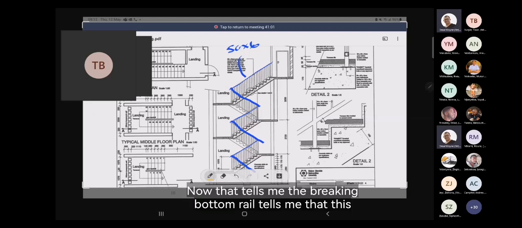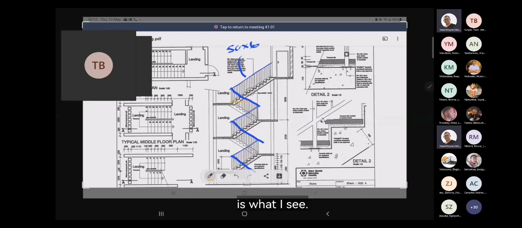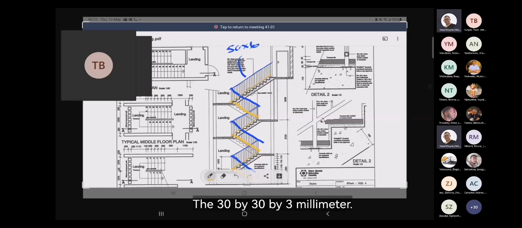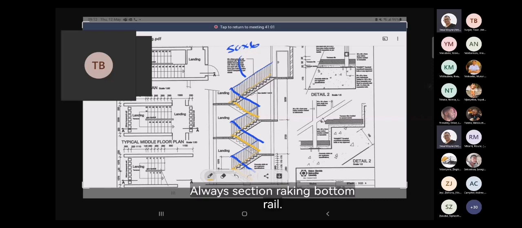Now that raking bottom rail tells me that this is what I see over there, and over there. Everything in yellow there reflects the 30 by 30 by 3 millimeter hollow section raking bottom rail.